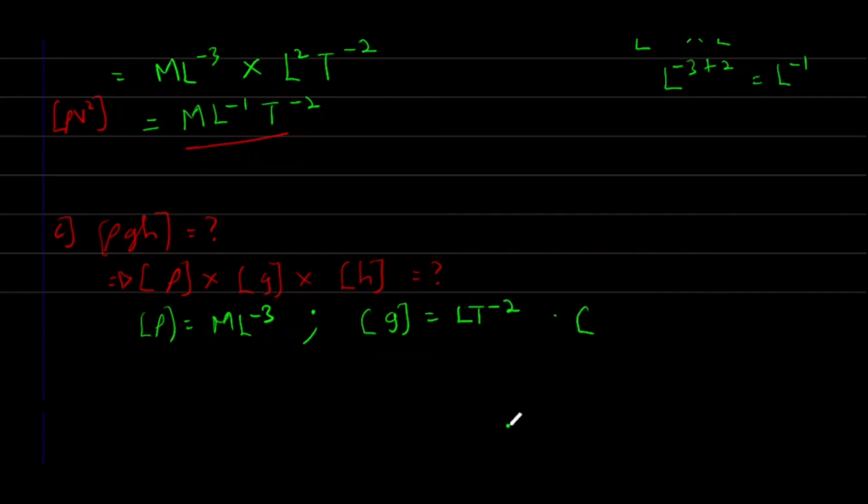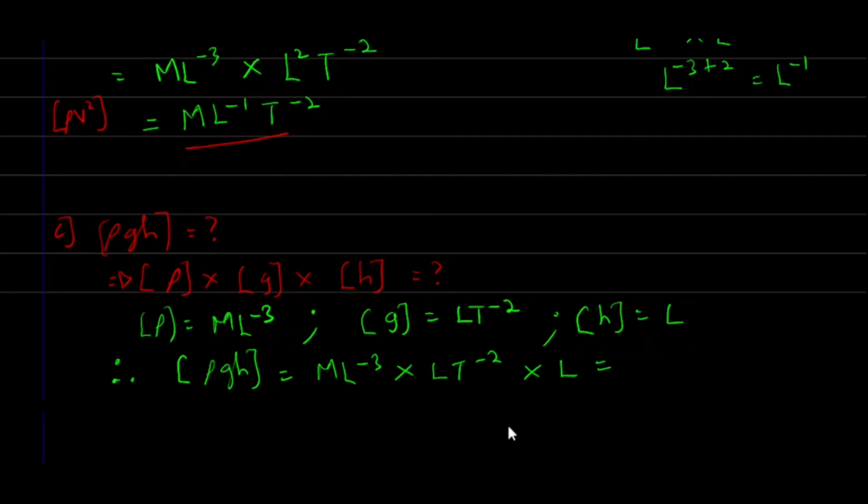Then the dimension of height is L. Now we can substitute it into the equation. The dimension of density times g times h is going to be the dimension of density, which is M L raised to the power minus 3, multiplied by the dimension of acceleration due to gravity, L T raised to the power minus 2, multiplied by height, that's L. So if we want to solve this, we only have a single M. We write M, but we have L in three places.